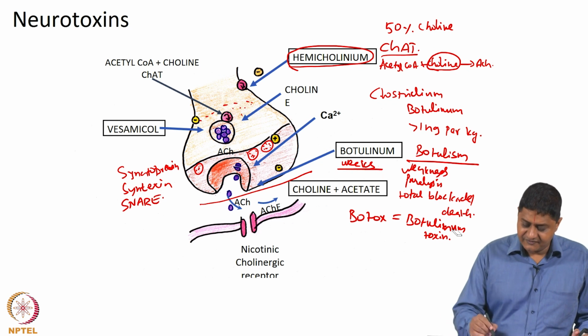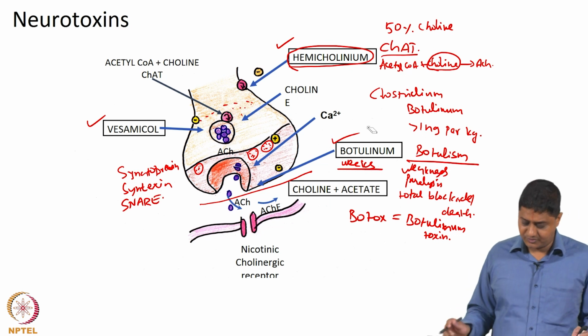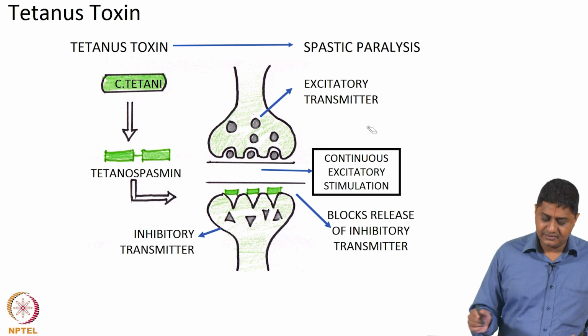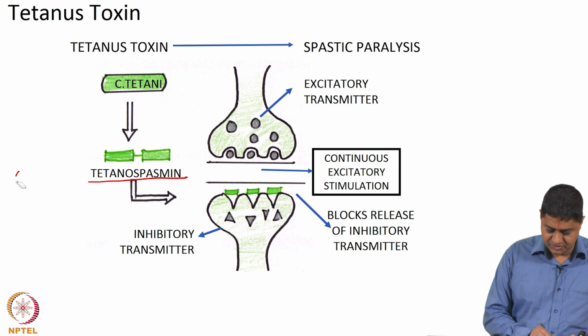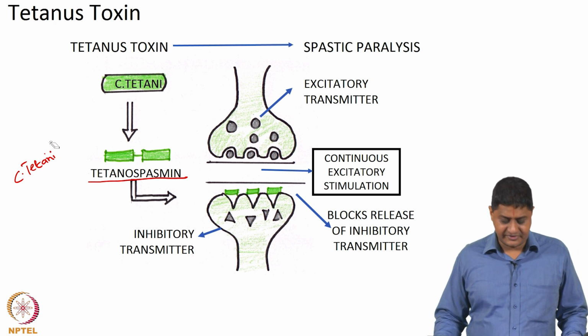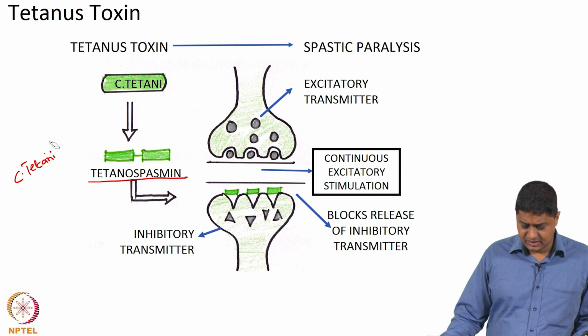Now, so far we have seen hemicholinium, we have seen vesamicol, we have seen botulinum toxin, and there are a few more. The other one is tetanus toxin. Tetanus toxin is tetanospasmin that is produced by the bacterium Clostridium tetani. This is one of the most potent toxins known.